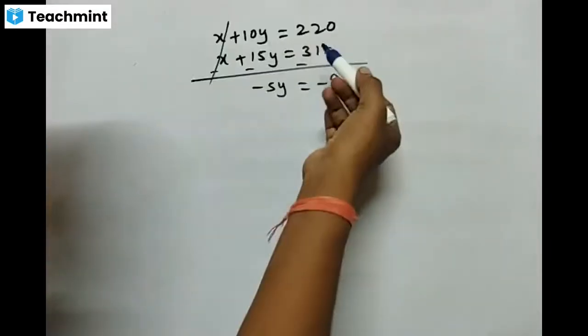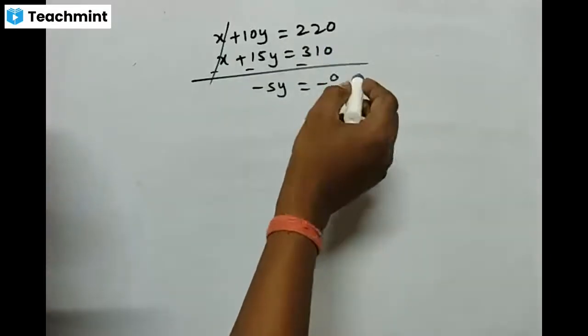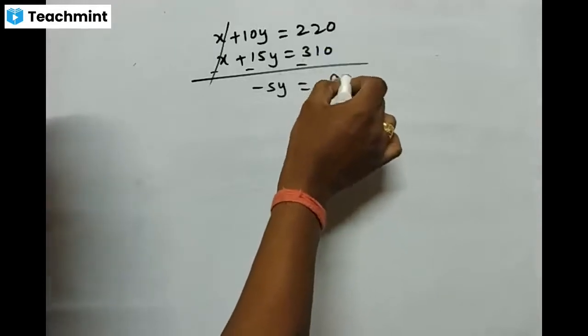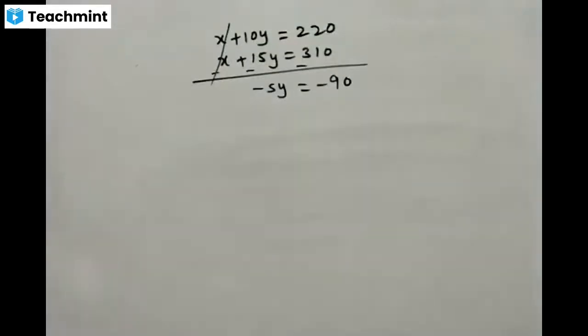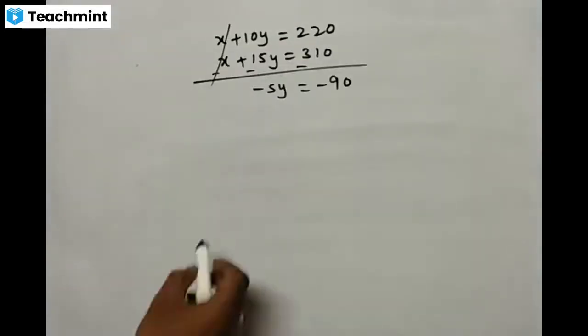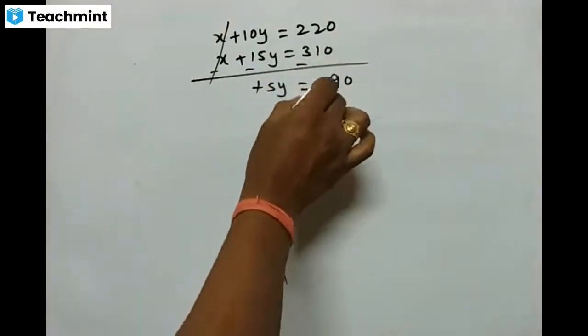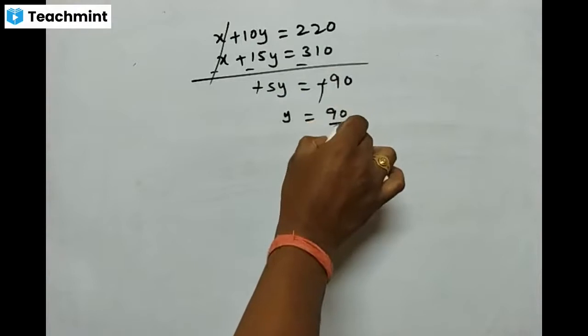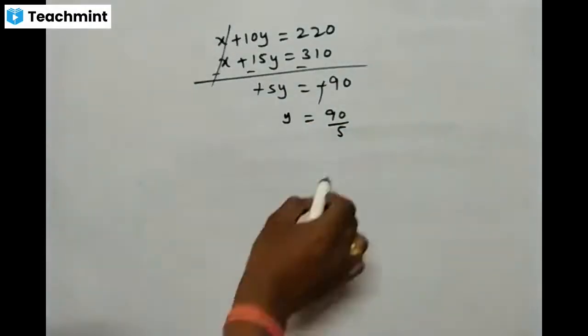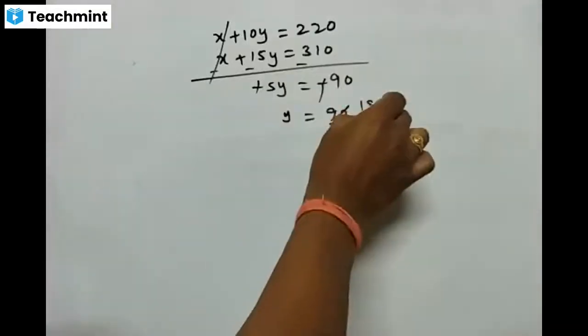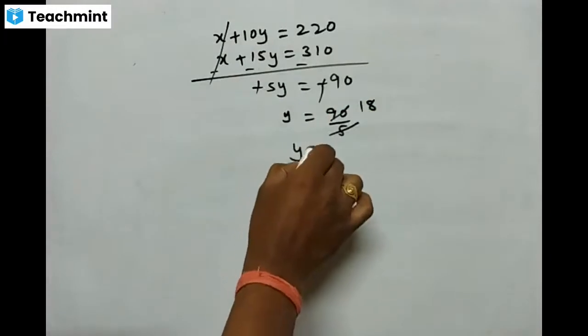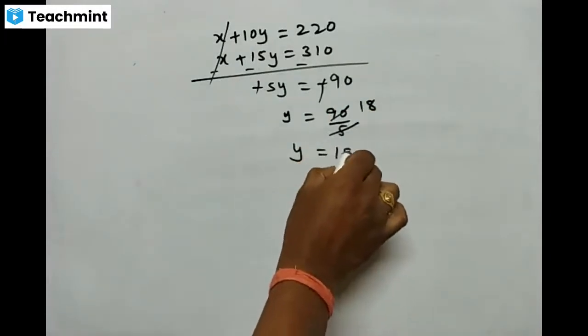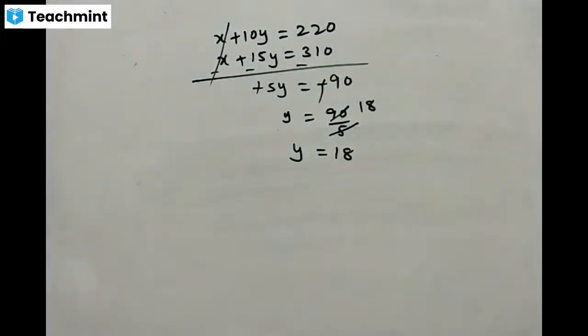You have to subtract 310 and 220. How much will you get? 90 only? Yes, sir. Minus minus cancel. So minus 5Y equals minus 90. 90 by 5, you will get 18. Charge per additional kilometer is nothing but 18 rupees. Charge per kilometer is nothing but 18 rupees.